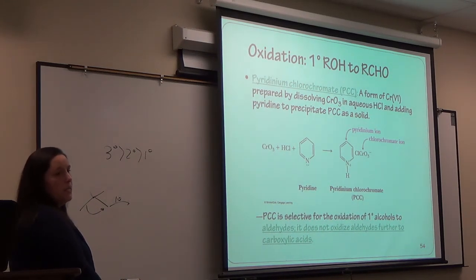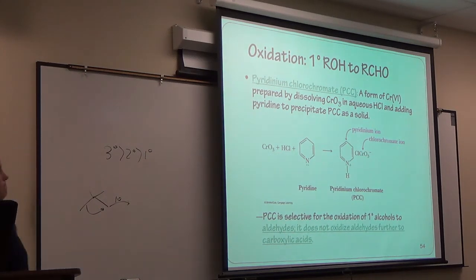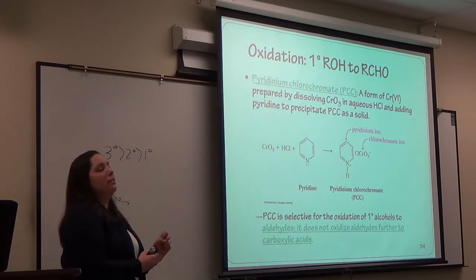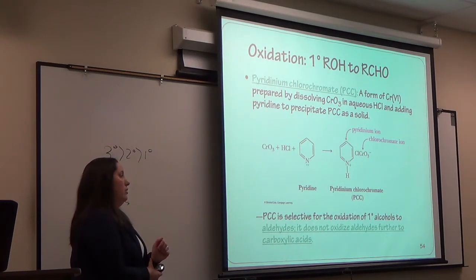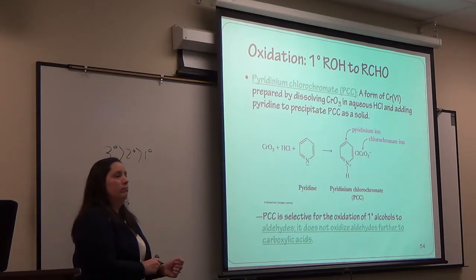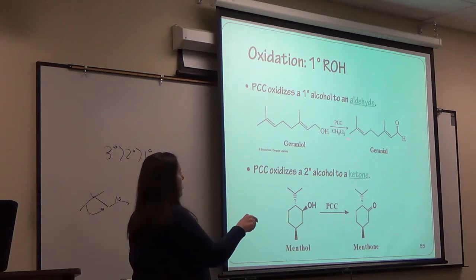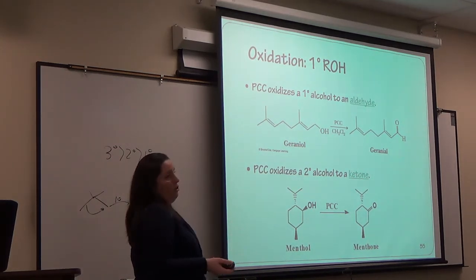Does that make sense? So when you think oxidation, you should think chromic acid, except when you want an aldehyde. Okay, then you have to switch the reagent. Now the PCC, you can also use it with secondary alcohols, but you're still going to get the ketone, right?